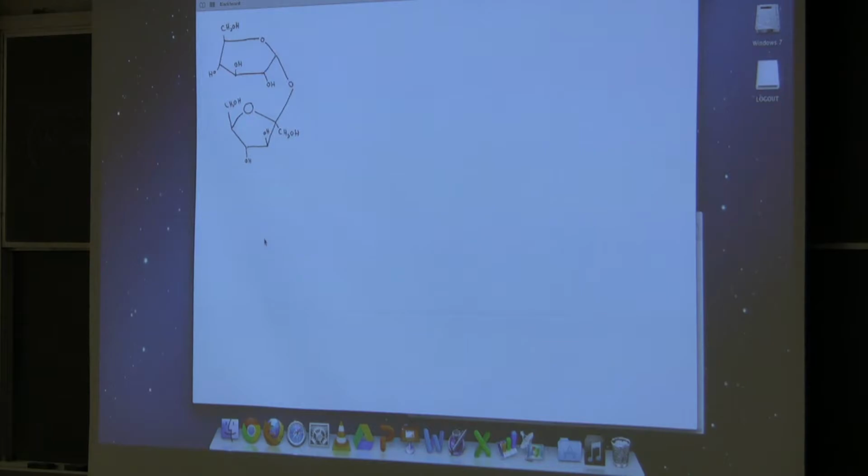And it turns out that the most reactive parts of these guys are the anomeric carbons. When I talked about the reducing sugar and I said that glucose got oxidized, the thing that was getting oxidized was that carbon number 1, that anomeric carbon. If fructose gets oxidized, it's carbon number 2, which is this guy, the anomeric carbon here, that gets oxidized. Okay?